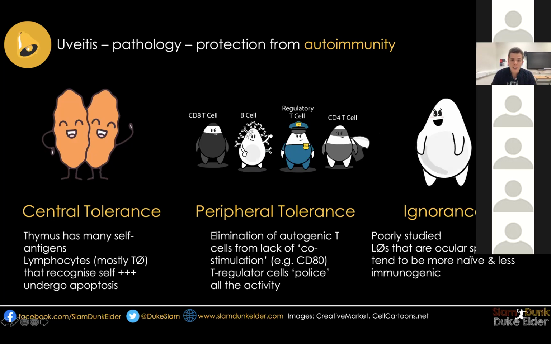And then in the eye, we don't know too much yet, sadly, but there is a theory called ignorance. Unfortunately, the lymphocytes, the T and B cells that sometimes reside in the eye, are a bit more naive compared to other mature CD4 and CD8 cells. And so they don't recognize infection as well compared to other cells in our body, okay? So this is a form of ignorance.